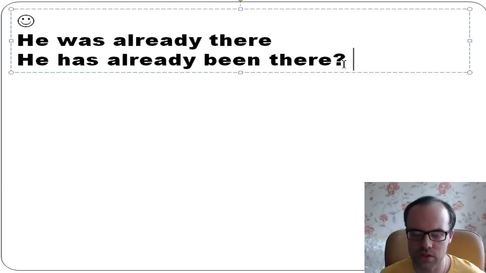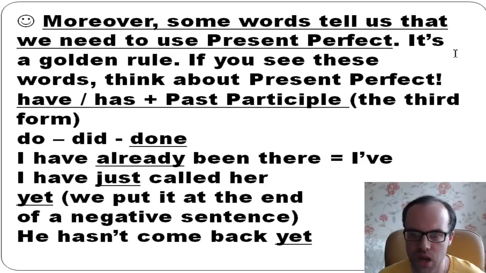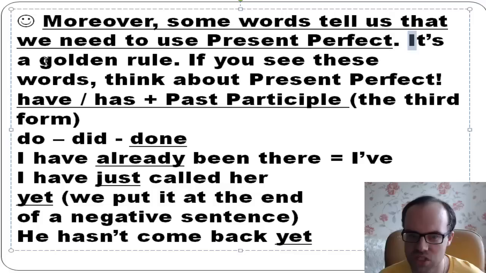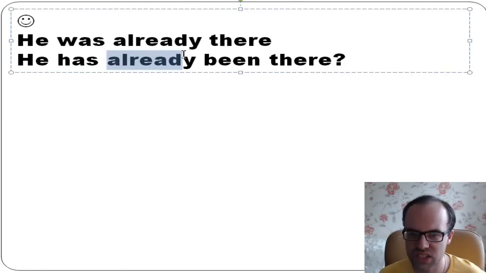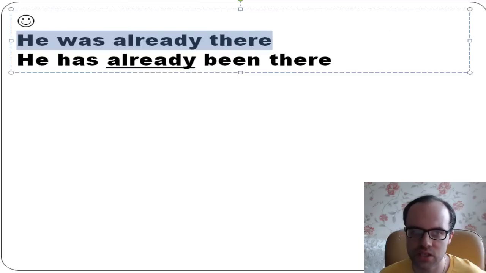You see already, and you remember our golden rule. There are some words that tell us that we need to use present perfect, and already is one of these words. So he has already been there. It isn't a question. Only this variant because of already. The other variant isn't correct.